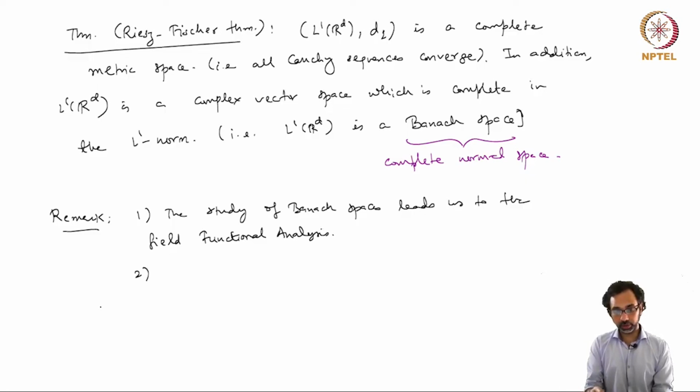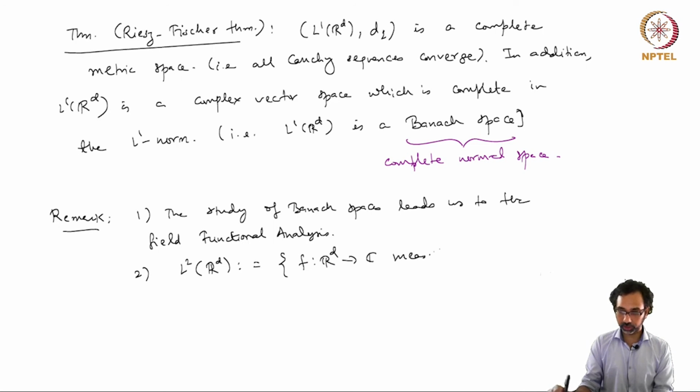And in particular the space of L2 functions on R^d, which is defined as the space of complex measurable functions such that modulus f squared belongs to L1 of R^d, is a so-called Hilbert space.